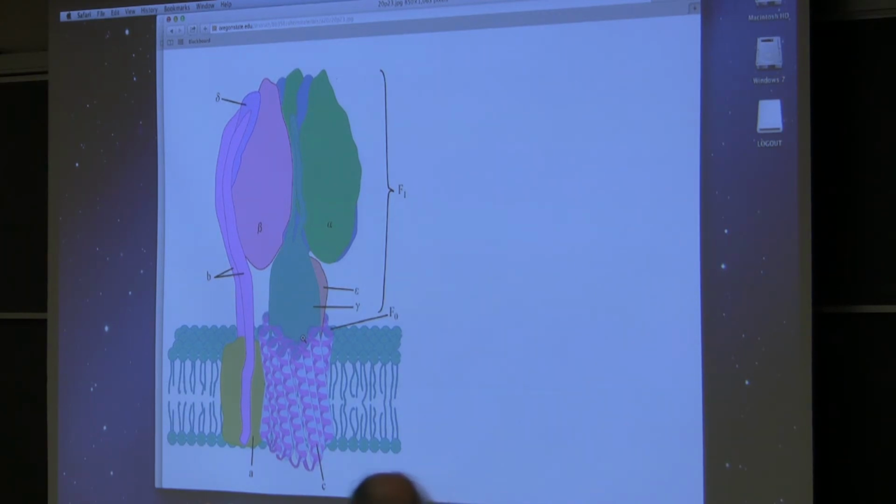This protein is called ATP synthase. It's also called complex 5, or complex V. Even though it has the word complex in it, it's not part of electron transport. This is a separate process called oxidative phosphorylation.